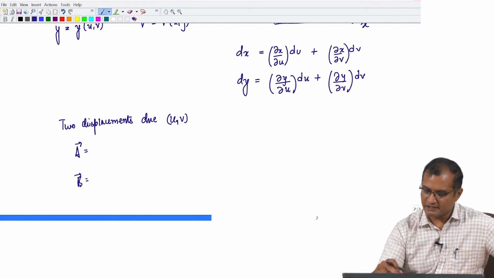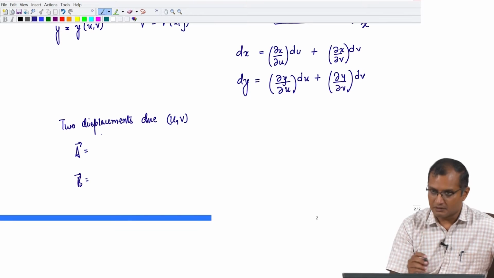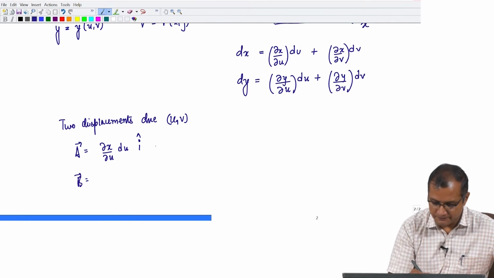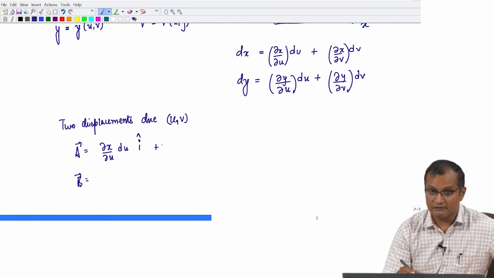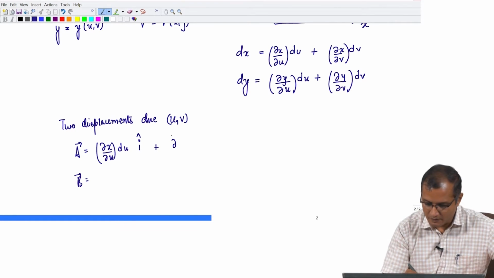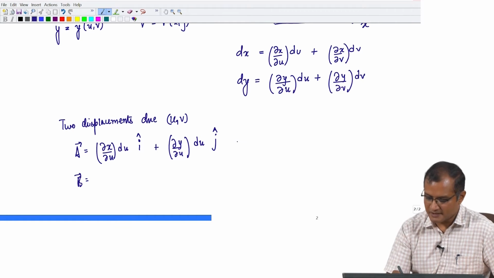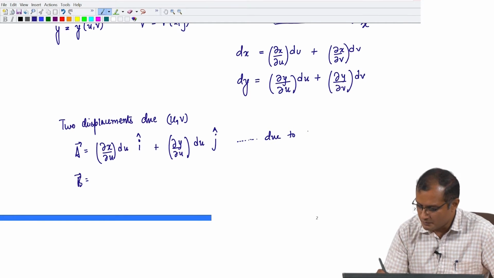So, you can see that the first term on the right hand side of dx is basically one term of A. So, I will say this is dx by du times du in the direction of i plus the component that is the first term for dy, that is dy by du times du in the direction j. Okay. So, as you can see, I can write down that this is entirely due to du.